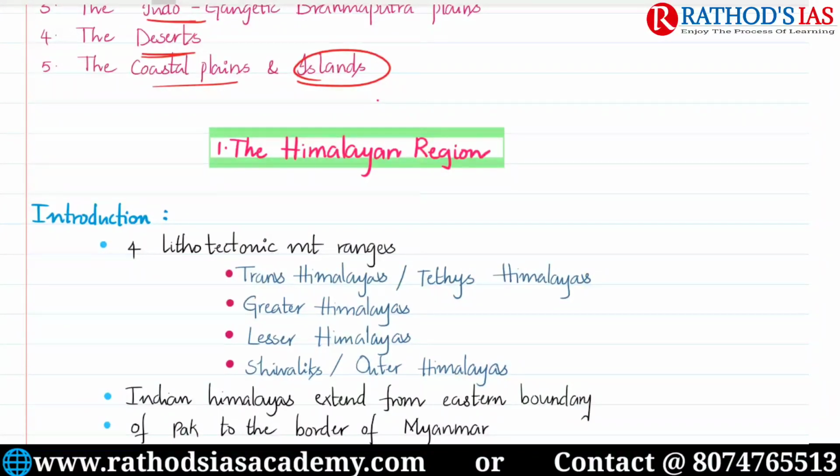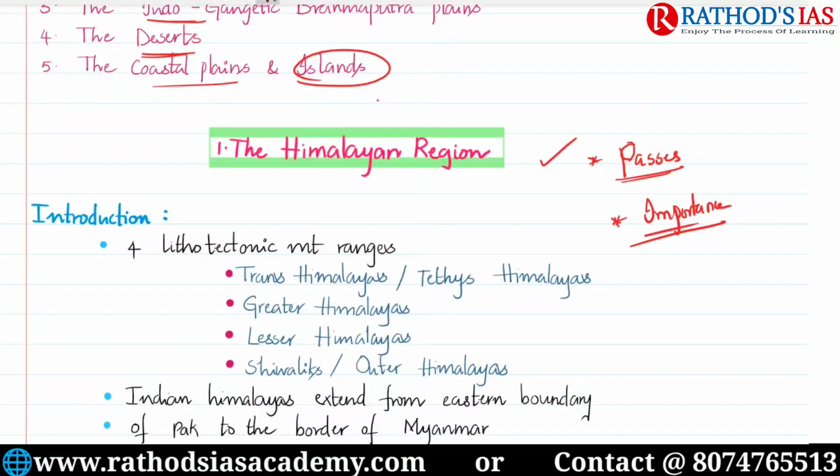After this introduction, we are going to see the theories which talk about the formation of the Himalayas. Not only that, we are going to see the longitudinal division and latitudinal division of the Himalayas. One more important thing is the different passes, and after that, the importance of the Himalayas.